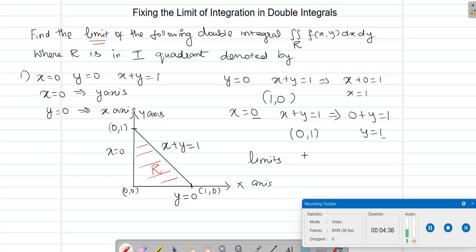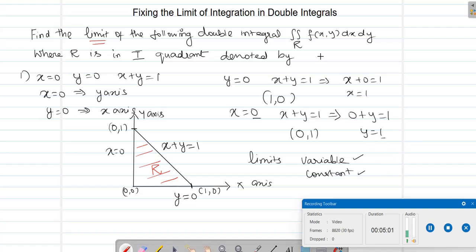Now this being a triangle, we will have one of the limits variable in nature and the other limit constant in nature. Which limit takes variable format and which limit takes constant format is going to be decided depending on the direction in which you are going to fix your limit.